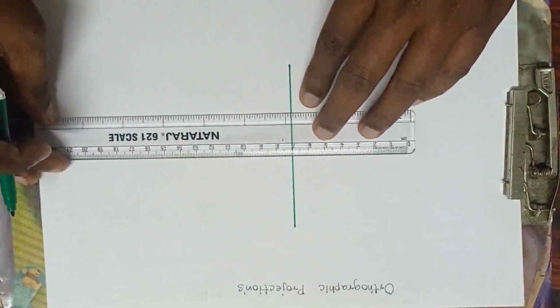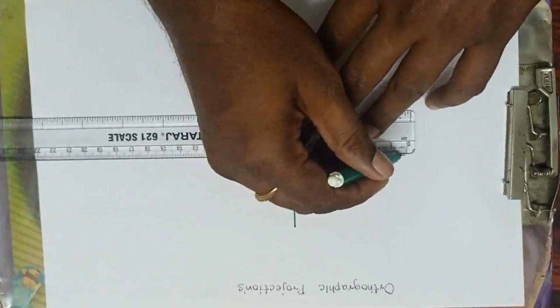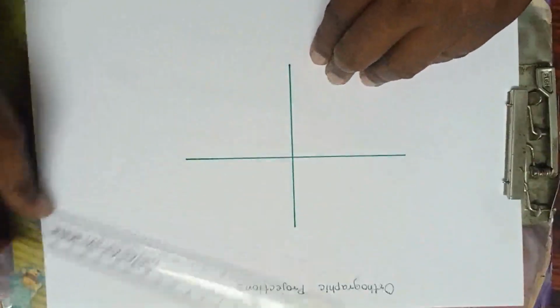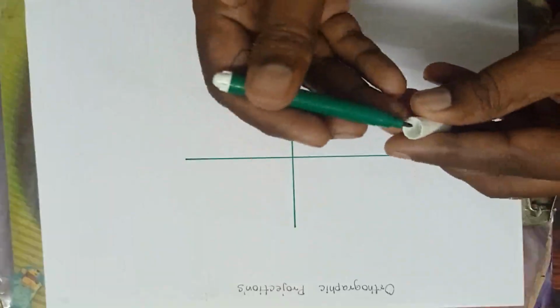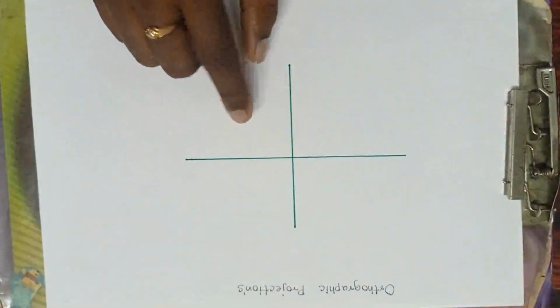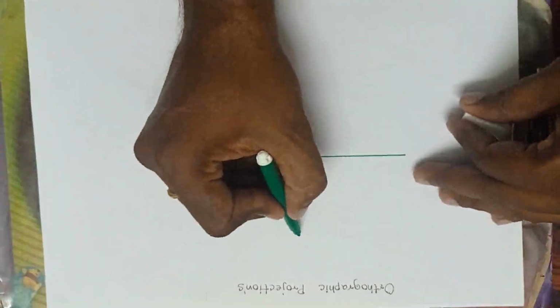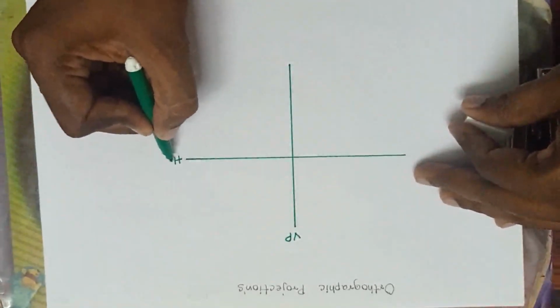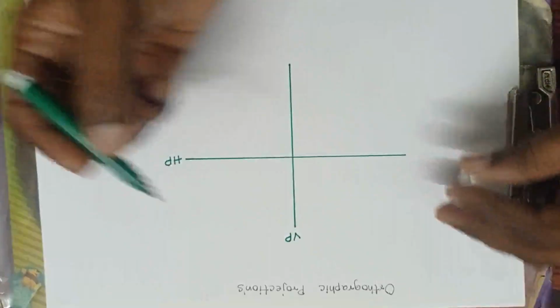This plane is said to be the horizontal plane. So these are the planes: this is the vertical plane and this is the horizontal plane.